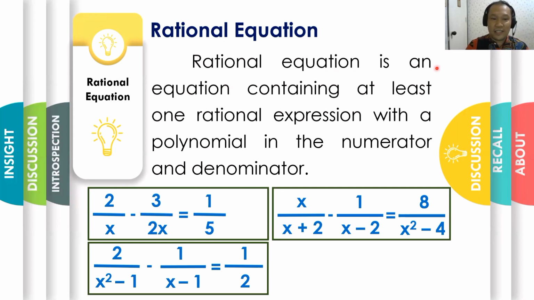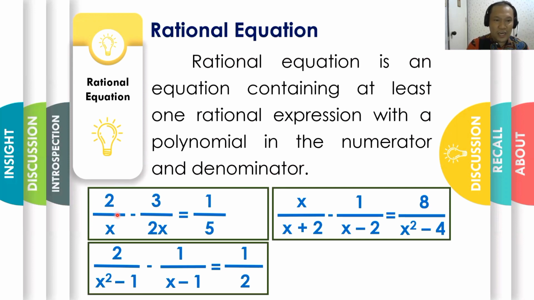Rational equation is an equation containing at least one rational expression. Okay? With a polynomial in the numerator and denominator. Remember that in a given rational equation, make sure that the given numerator and denominator are polynomial. Okay.